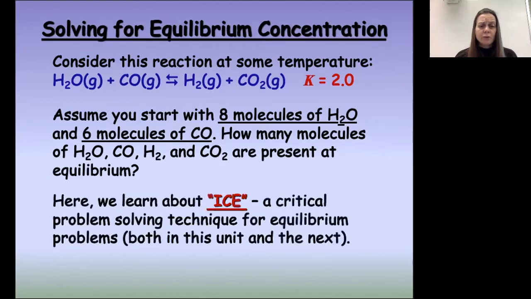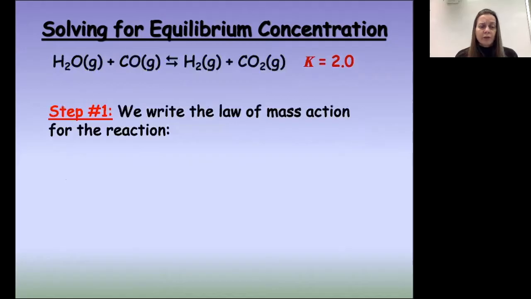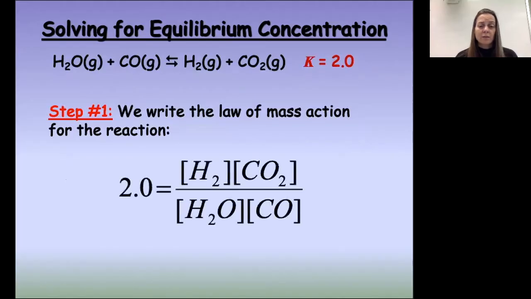So we're going to use a tool today called an ICE table. And this is really a critical problem-solving technique for equilibrium problems, both this unit and next unit as we get into acids and bases. So we're going to get very, very familiar with ICE tables. Our first step, anytime we're going to be solving for equilibrium concentration, is to write that law of mass action or that equilibrium constant expression.